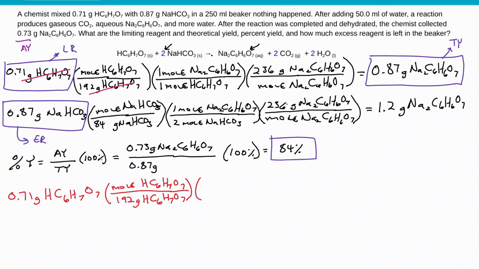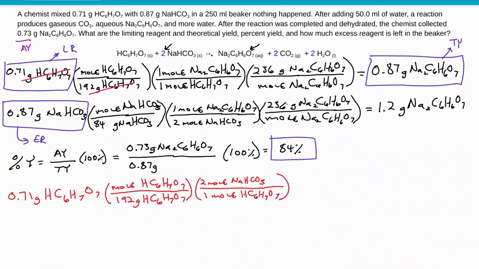Okay, now I go to the balanced equation. 1 mole HC6H7O7 reacts with 2 moles of baking soda, NaHCO3.